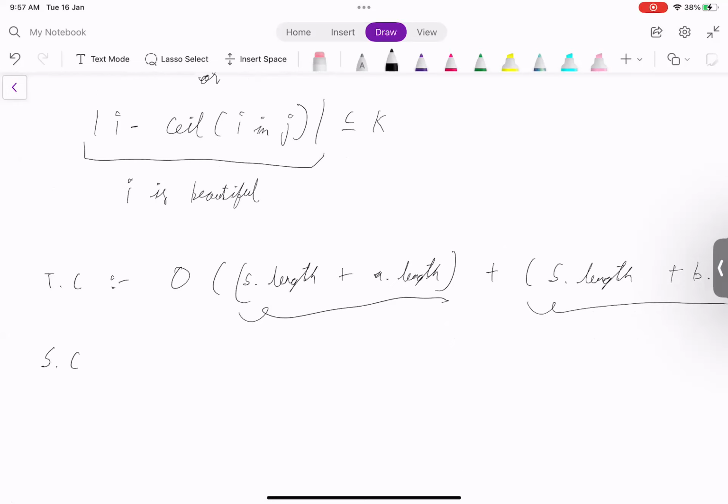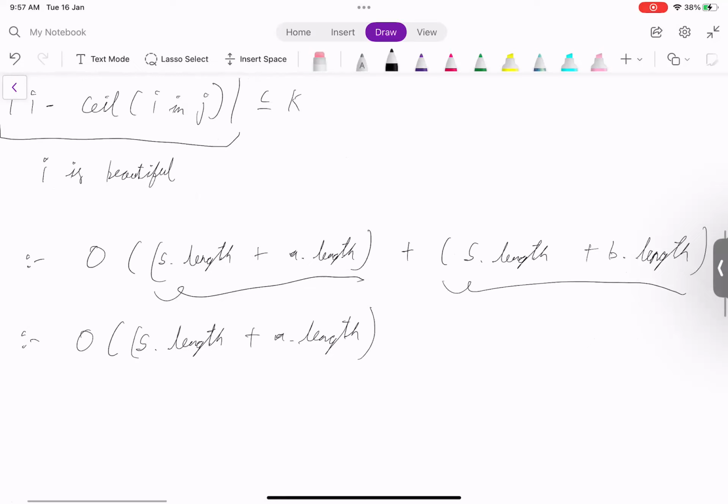If we look at the space complexity, assuming we are performing Z or KMP, it would be h dot length plus a dot length plus b dot length. This would be the space.